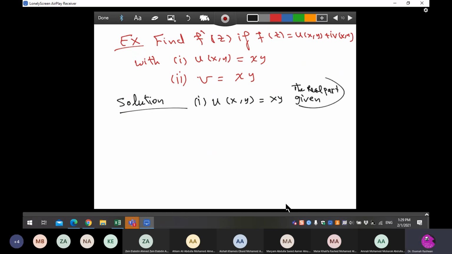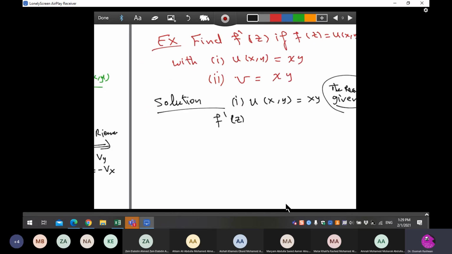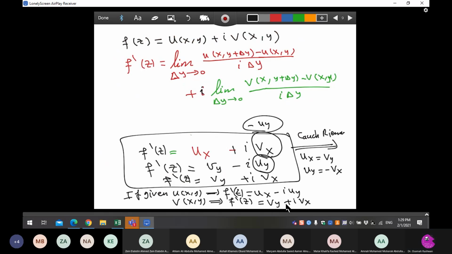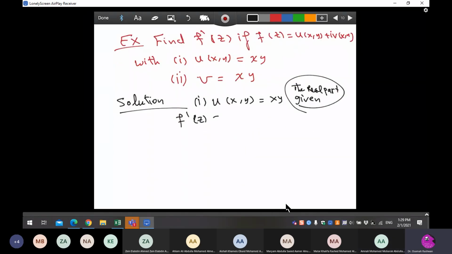When the real part is given, f dash of z equals, just to remind you, ux minus i uy. Let's go for ux. What is ux?